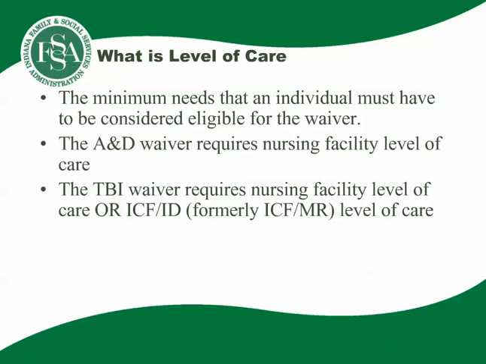But in short, you can qualify two ways. You can have nursing facility level of care, same as A&D, or you can have what's referred to as ICF/ID level of care, which is more related to intellectual disability. It's still an institutional level of care, but it's a different standard than nursing facility level of care.